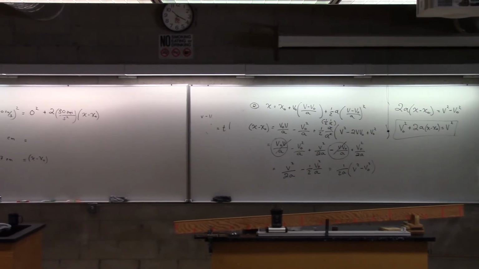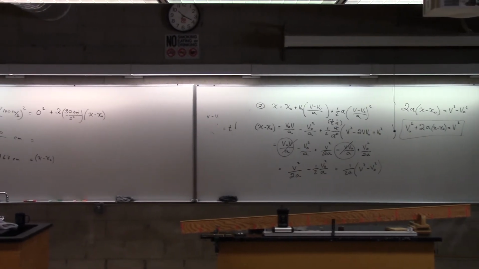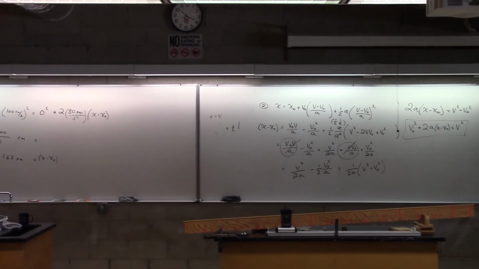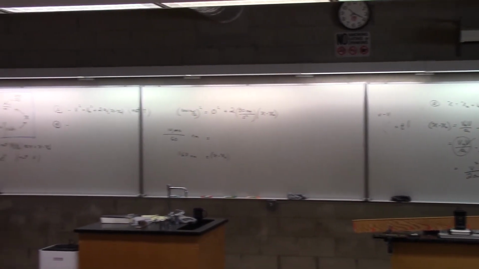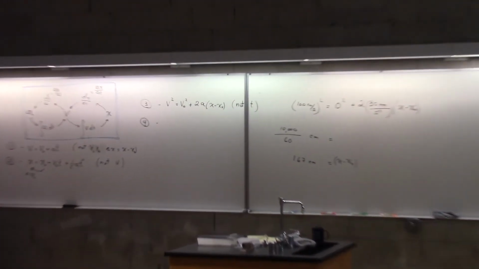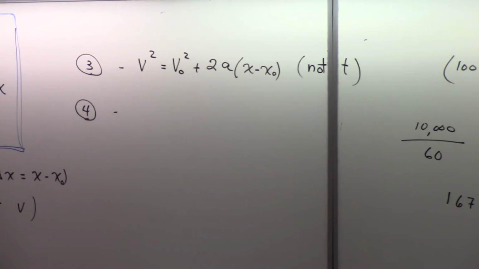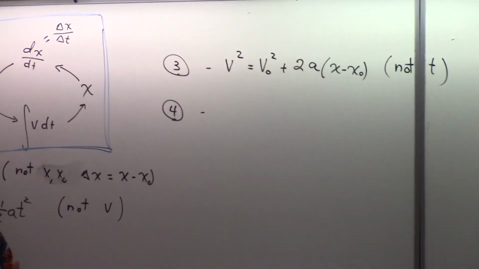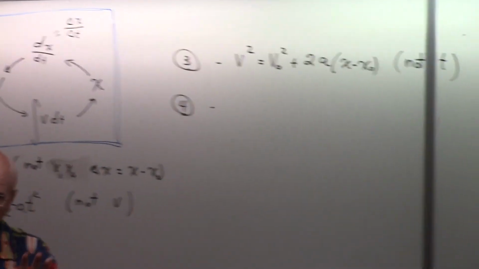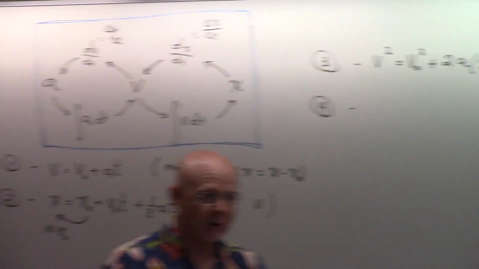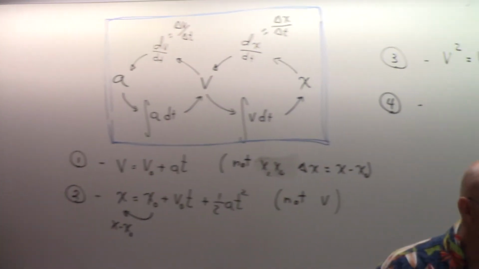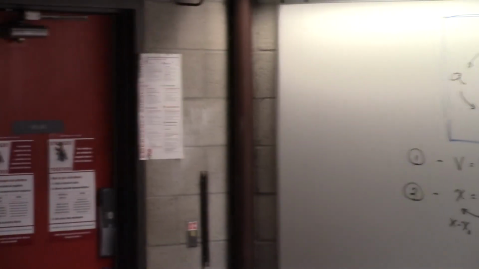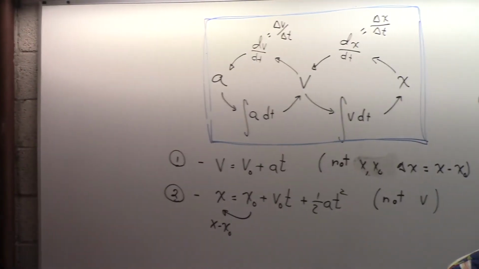Because we can play the same game and call it equation number 4. We could have a problem that doesn't give us the acceleration, and we're not asked to find it. However, I should emphasize on this one that if they do that, they do need to say it's constant acceleration, because remember, these equations are only valid for constant acceleration.